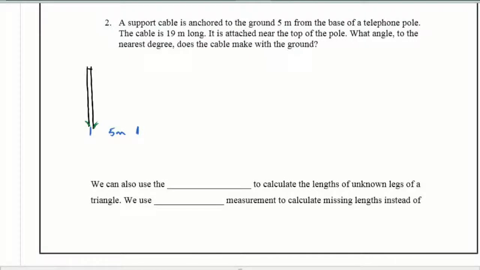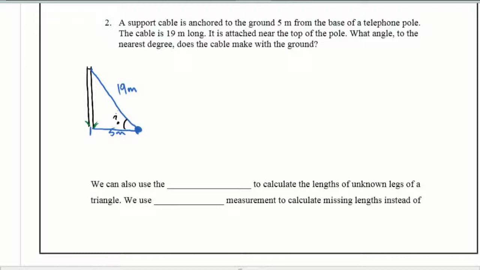And then the actual cable comes from the top of the pole, anchored to the ground here, and this is 19 meters long. So I know a bunch of information about this already. It's anchored to the ground, it's 5 meters away, the cable's 19 meters long. What angle? So I'm trying to figure out what this is down here.